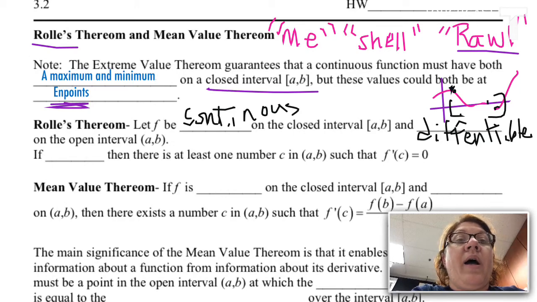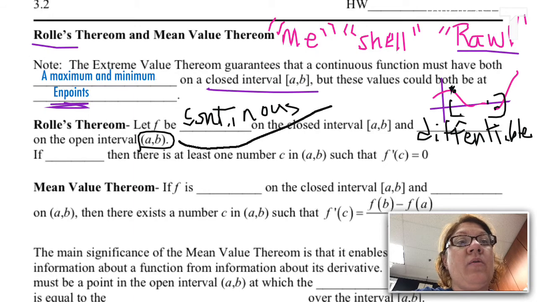So now here's why I'm turning it into open, because remember, to be differentiable, I have to be able to swoop in from the left and the right and get the same derivative value. And if it's open, I can do that. If it's closed, I can't, because I can't swoop in from either the left or right.